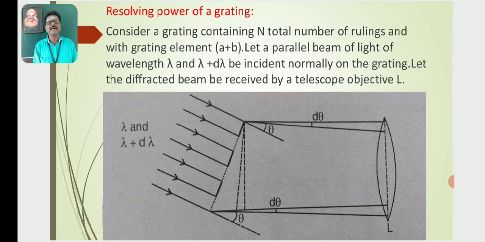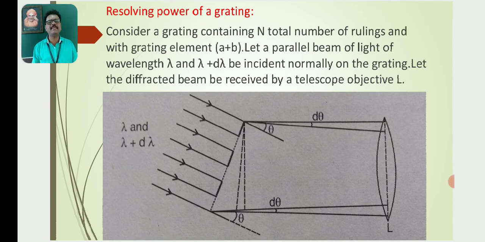So let n be the total number of rulings or slits present in the grating, with the grating element a plus b, where a indicates the width of the transparent space and b indicates the width of the opaque space. So a plus b indicates the grating element.